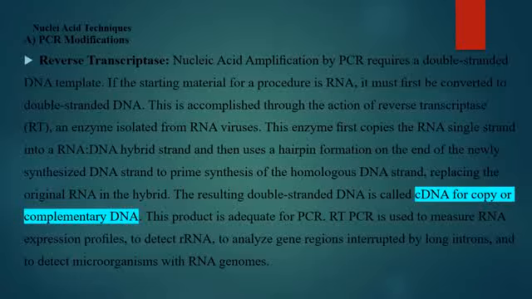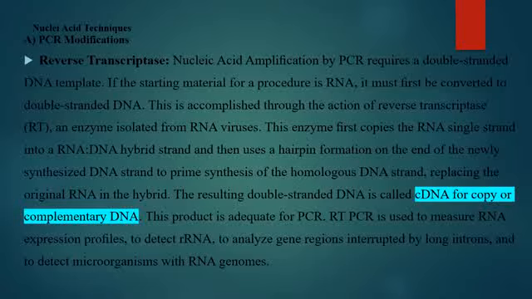And then it uses a hairpin formation on the end of the newly synthesized DNA strand to prime synthesis of the homologous DNA strand, replacing the original RNA in the hybrid. So the RNA portion is replaced with another DNA strand. The resulting double-stranded DNA is called cDNA. That is copy DNA or complementary DNA. So the new DNA strand, which replaced the original RNA, is the copy DNA strand.